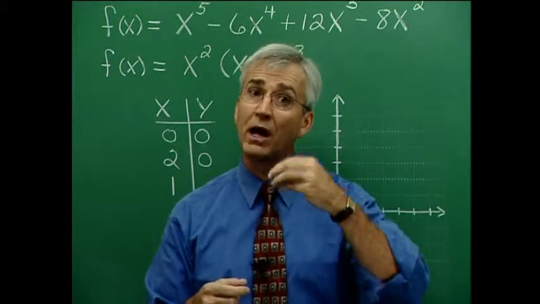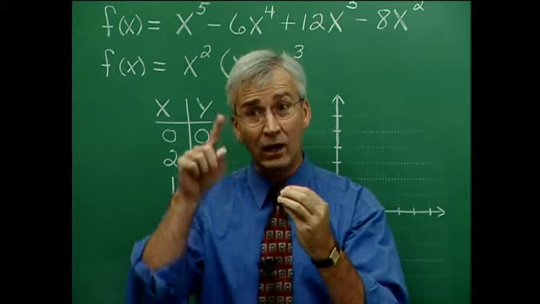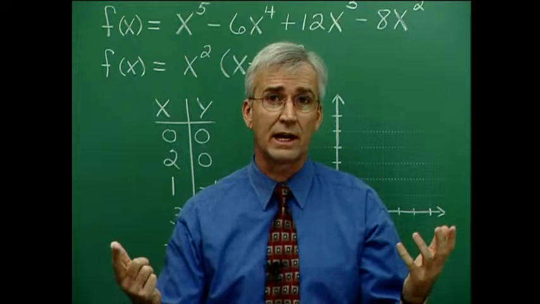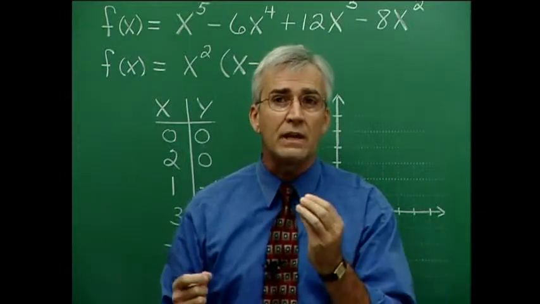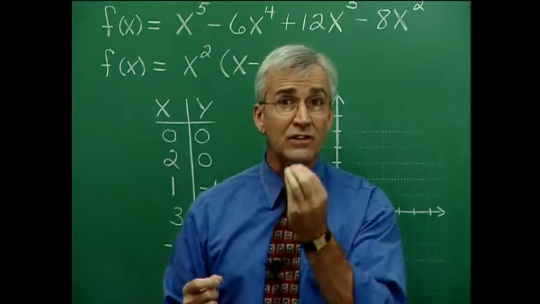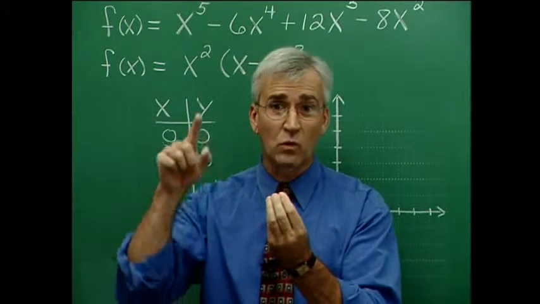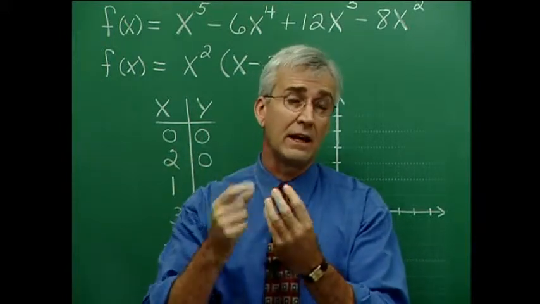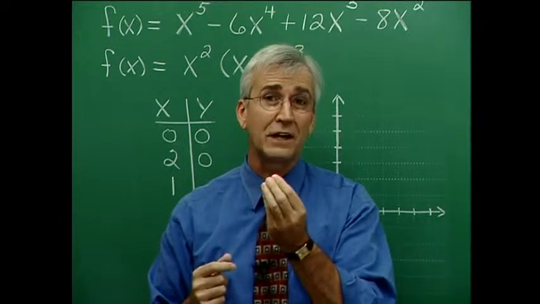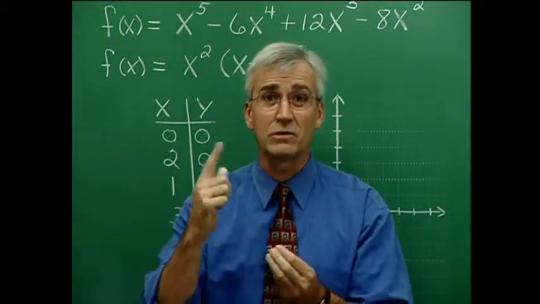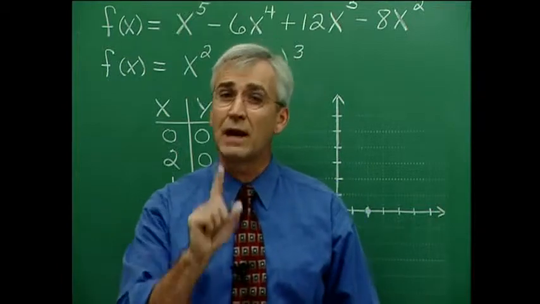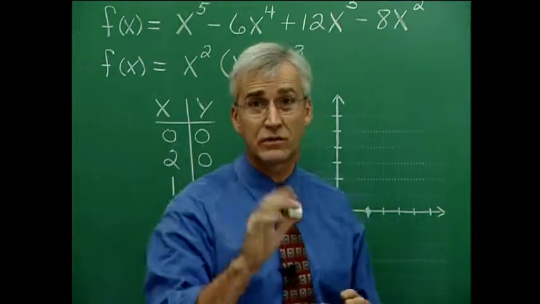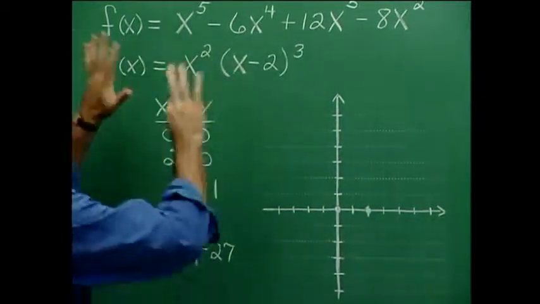If the vertex is above the x-axis and it opens upward, then it doesn't cross the x-axis at all. Now, if the vertex is on the x-axis, then it has one x-intercept, just at one point. And if the vertex is below the x-axis and it opens upward, then it'll have two crossings. But at most, two crossings because it's second degree. So fifth degree, at most 5 crossings.